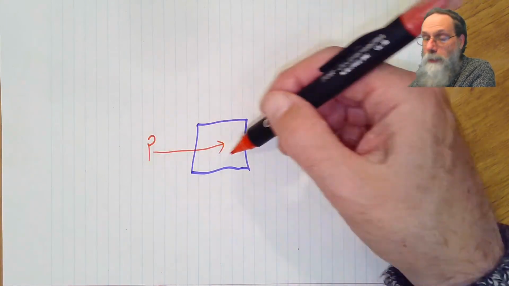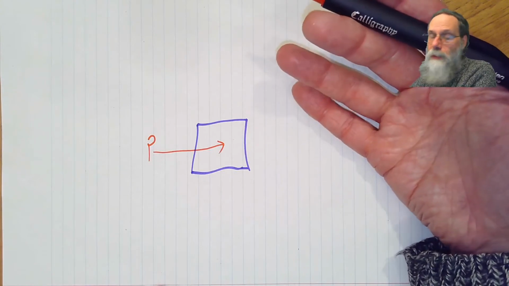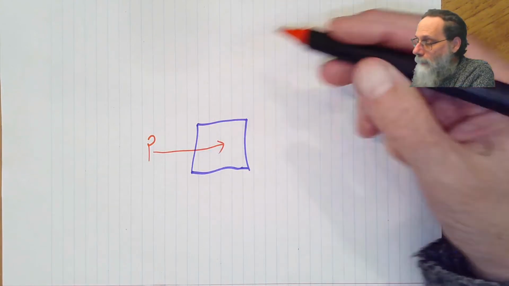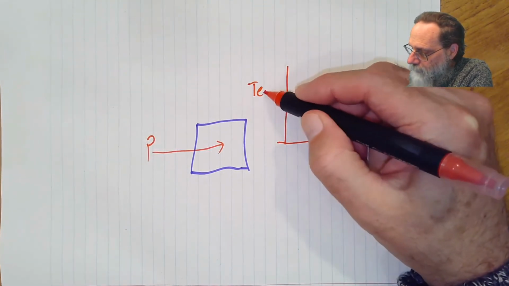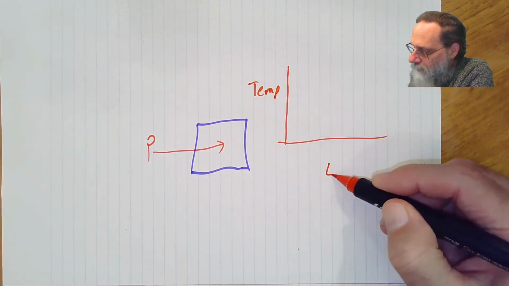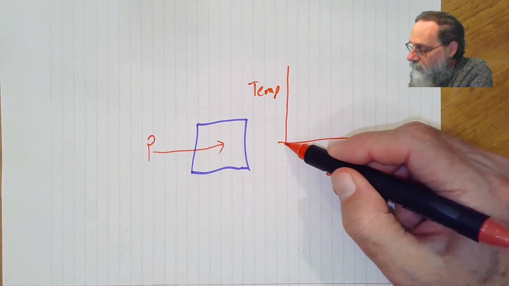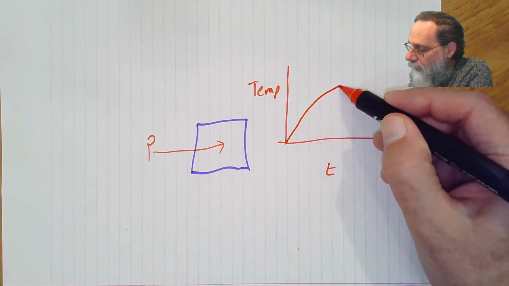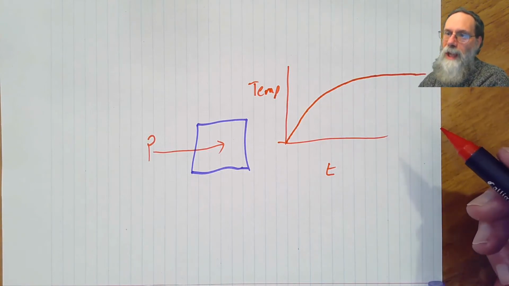And as we put energy into the device, as it dissipates energy, that energy gets turned to heat and warms the chip up. So if we plot temperature as a function of time, if we're putting a constant power in here, what's going to happen is this is going to go up and eventually reach an asymptote.